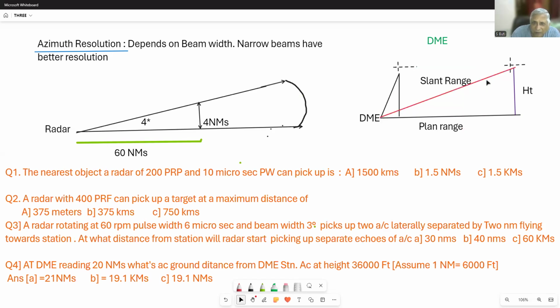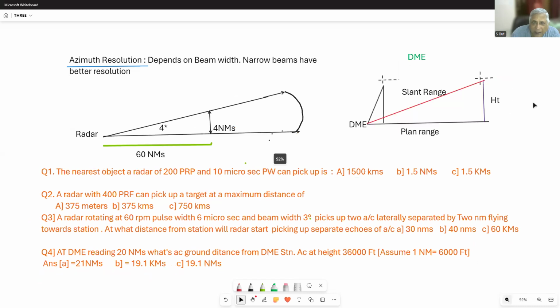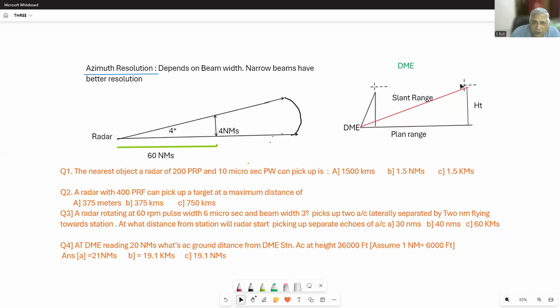Here is the aircraft. Fine. So now the problem that comes is that this distance and this ground distance is not the same. Although when you are descending here, your height is also decreasing. This is the height of the aircraft. Then the difference between your slant range and the ground distance is not much.